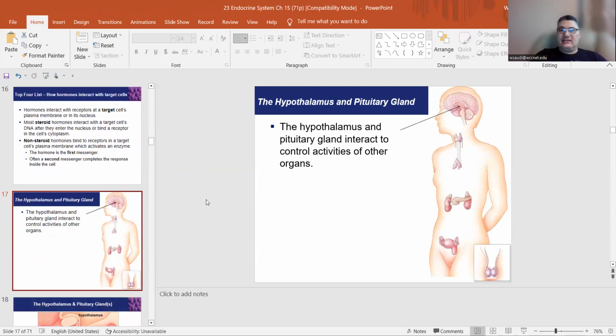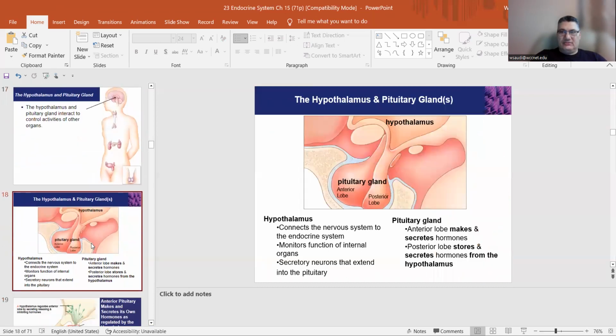Hypothalamus, again, is the president, and this is how I call it just to make it easy. Hypothalamus is the president of the endocrine system, while the pituitary gland underneath is the vice president. So look at the magnified picture here.